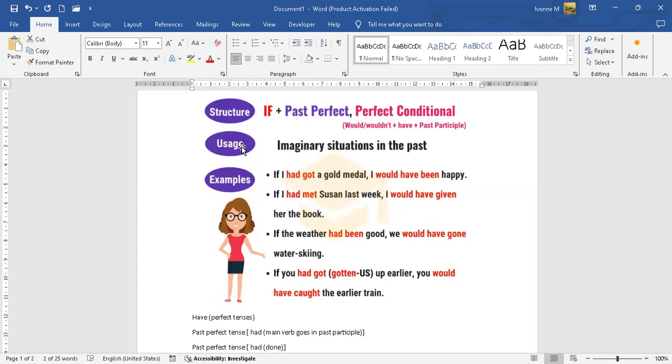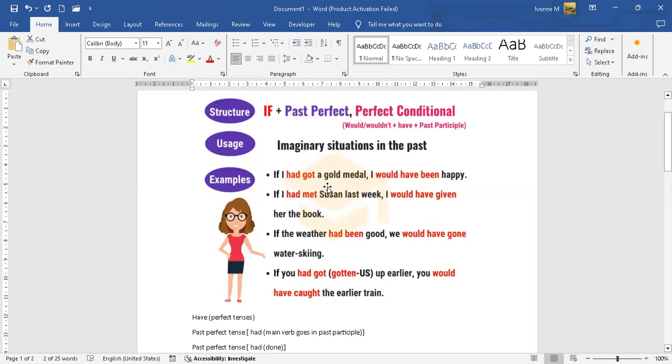And we can't change the past. But when we use the third conditional, it is like you want to change the past, or maybe you want to talk about something that could have happened if a certain condition. Do you understand? So let's see these examples.